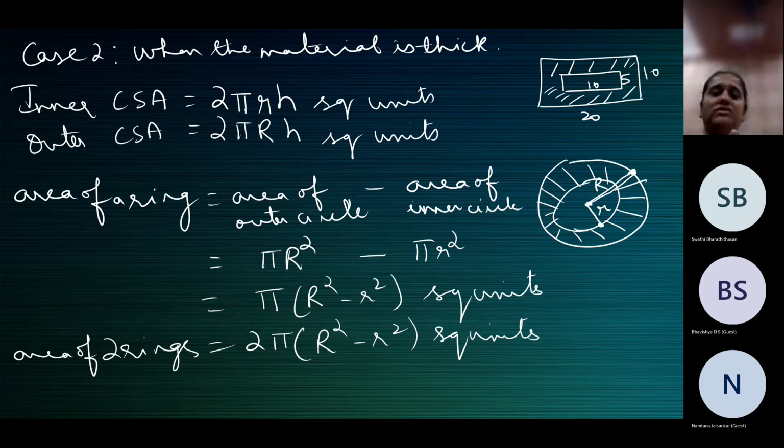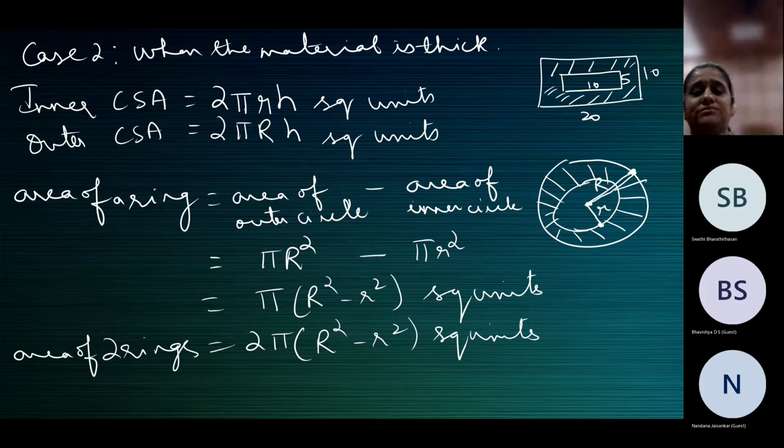That will give you the total area to be painted, or the total surface area of a hollow cylinder. Whatever is painted is only the surface area. So the total surface area of a hollow cylinder is equal to inner CSA plus outer CSA plus area of two rings, one on the top and one below.